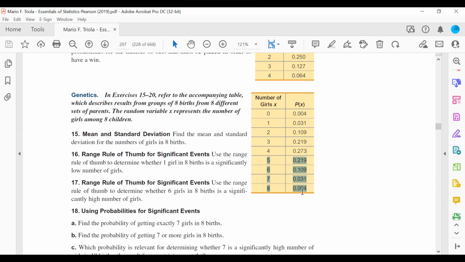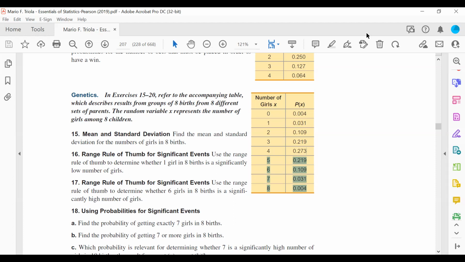So I'm going to add 0.219 plus 0.109 plus 0.031 plus 0.004. That gives me 0.363. Let me double check, is that correct? 219, 109, 031, 004. And yep, that's correct.